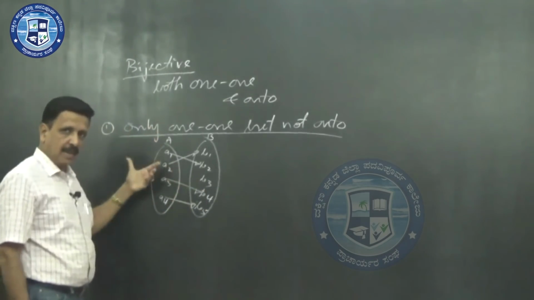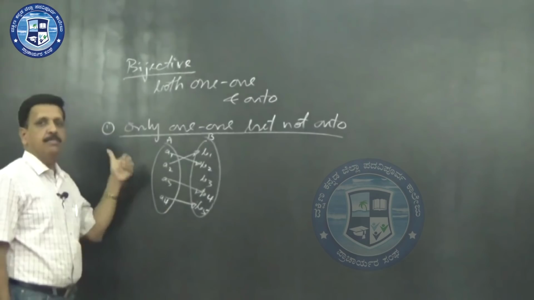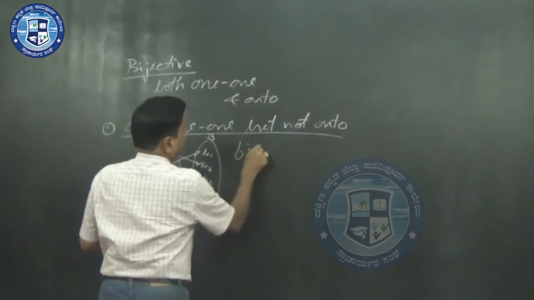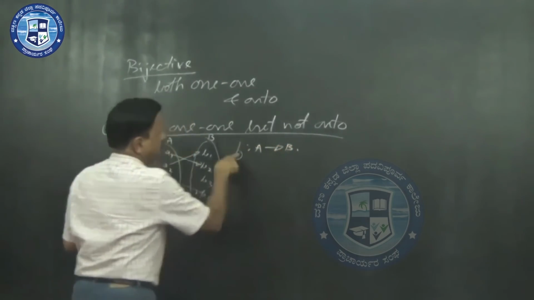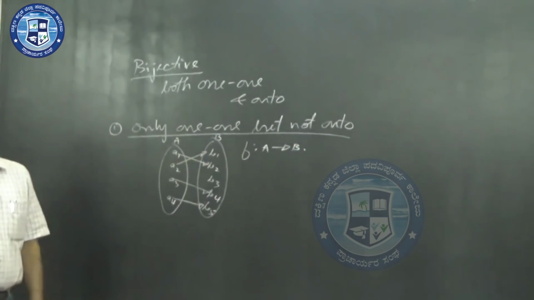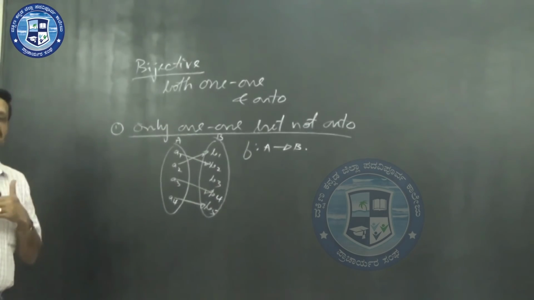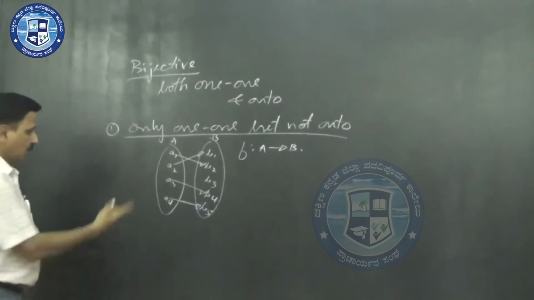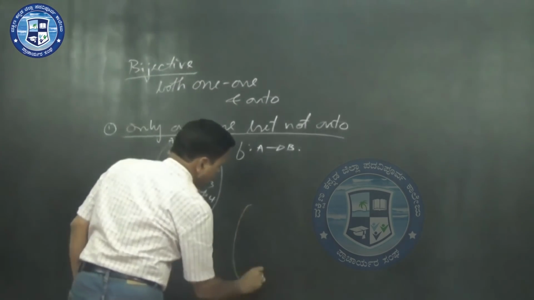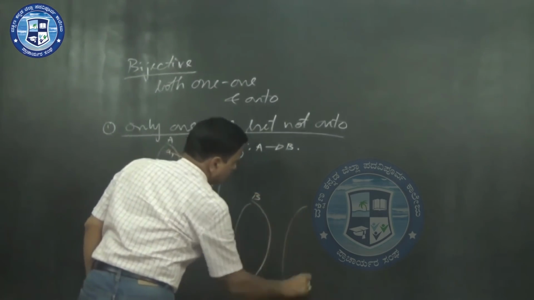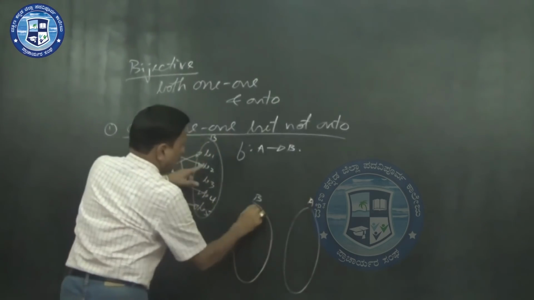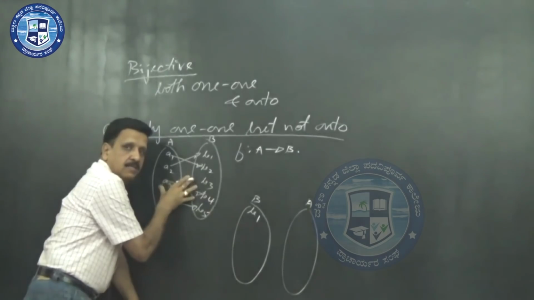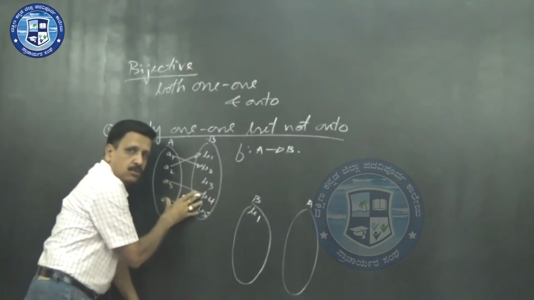It is the example of a function which is only 1-1 but not onto, and obviously f maps A into B. Now let us try the inverse relation for this, and check whether that inverse relation is a function. This is set B, this is set A. I am trying to write the inverse relation for this function which is only 1-1 but not onto.